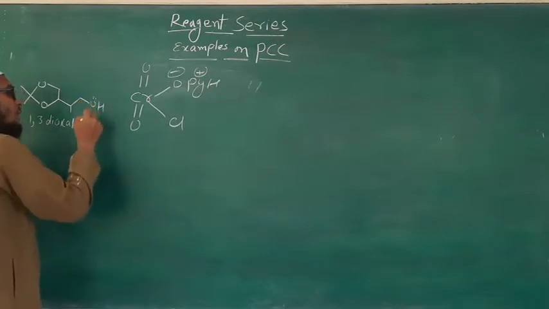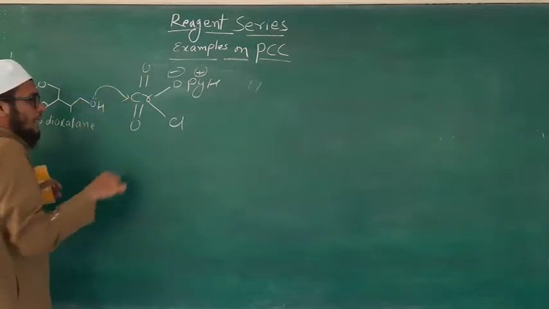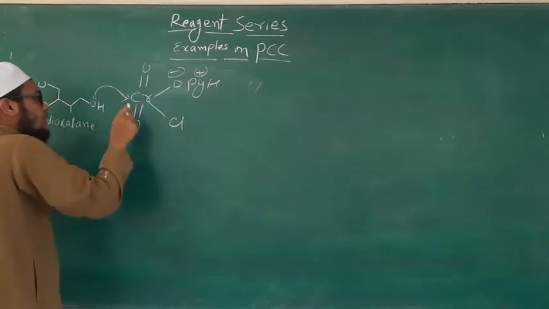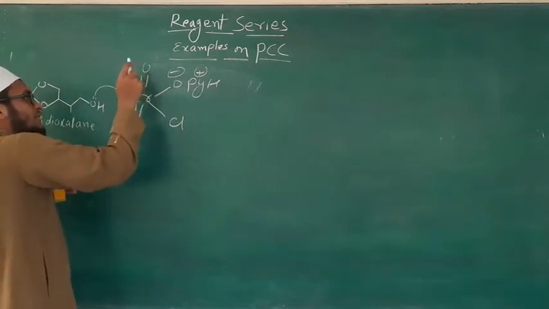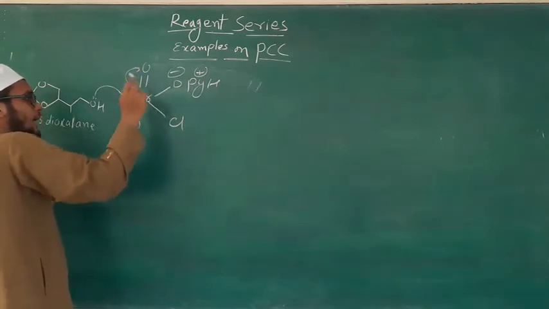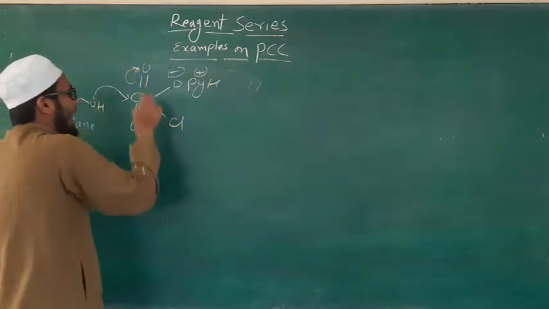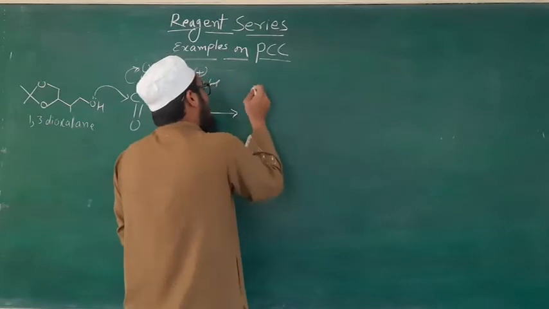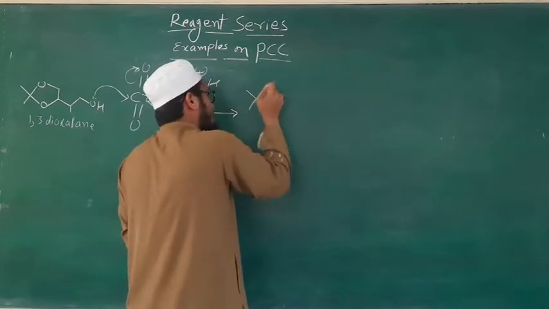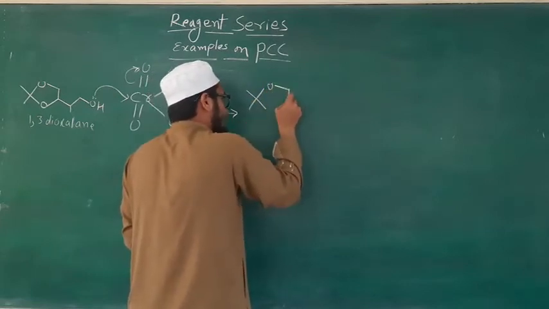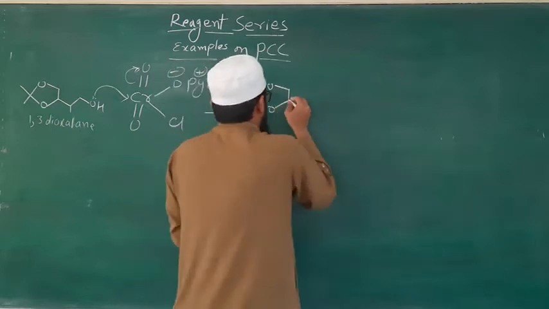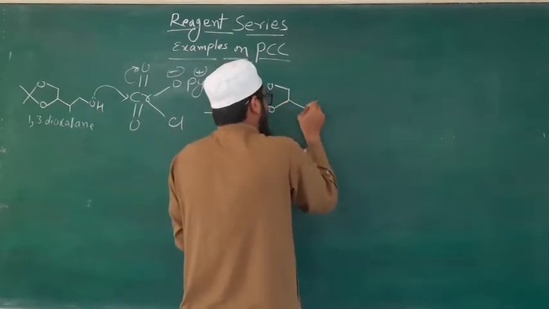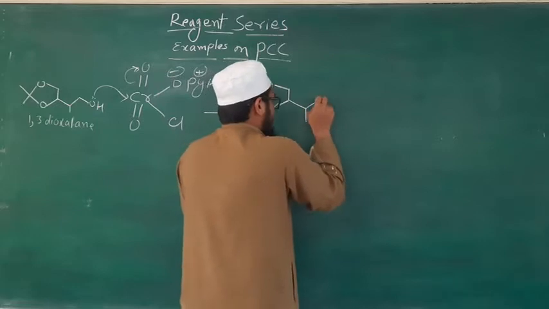Now, the lone pair of this oxygen will attack the chromium, and this chromium-oxygen double bond will convert into a single bond. After the arrow, the structure of 1,3-dioxolane will be as it is, with no change in it because it was protected in the previous reaction, and it is still protected.